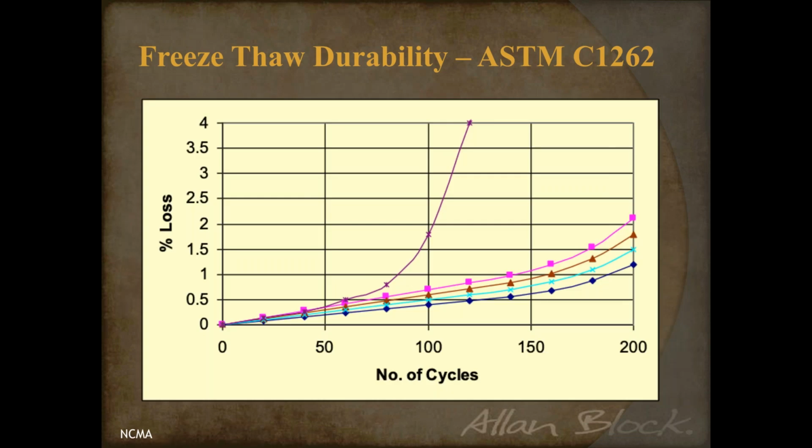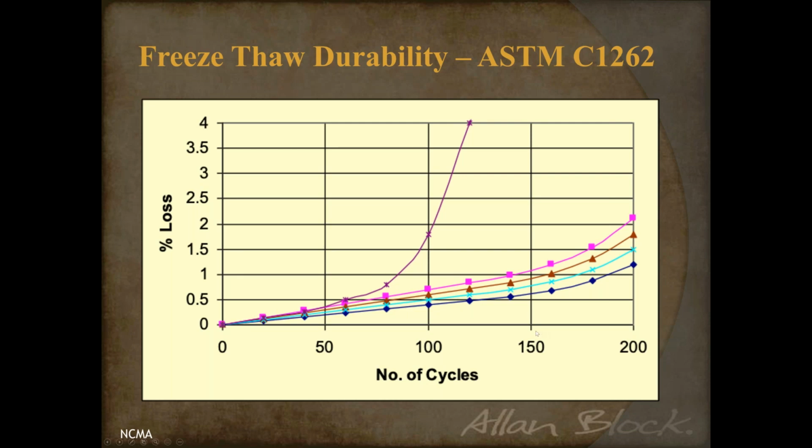So again, thanks to NCMA for these slides. This particular slide, I don't know whose block it is, but it is a passing test in tap water. We can see that there's one sample that did not perform terribly well, but 4 of them are going along very nicely, and they're less than 1% at 100.